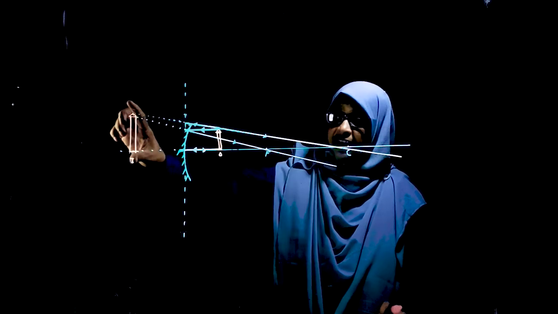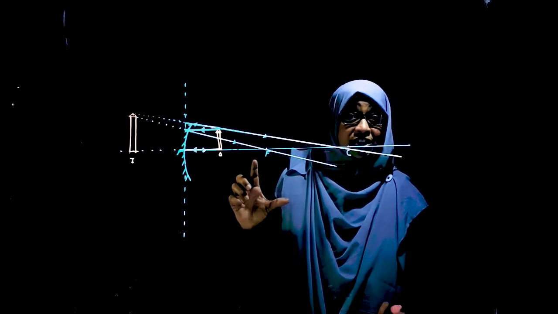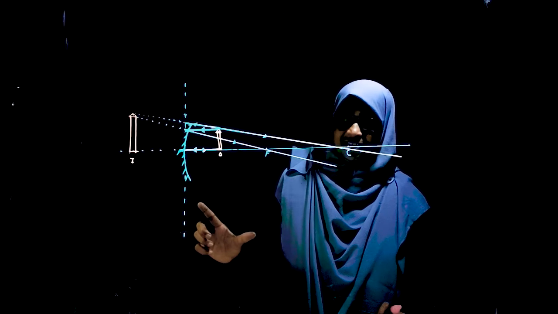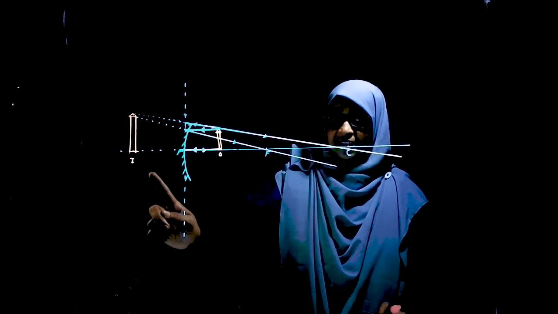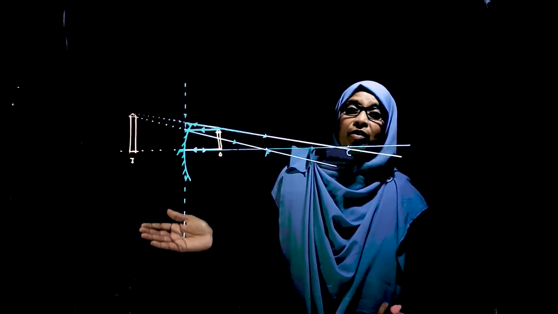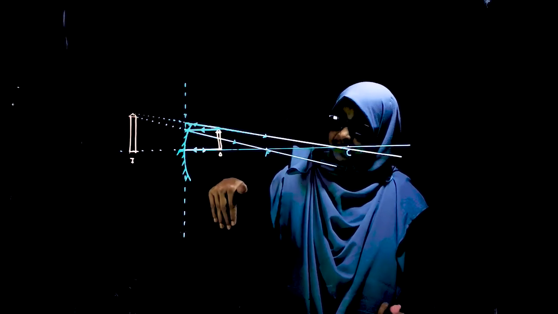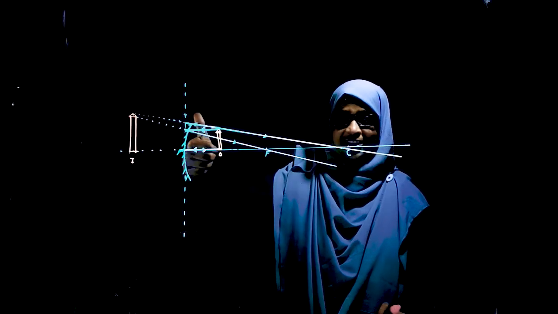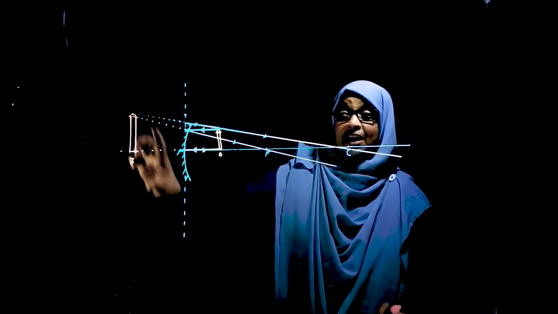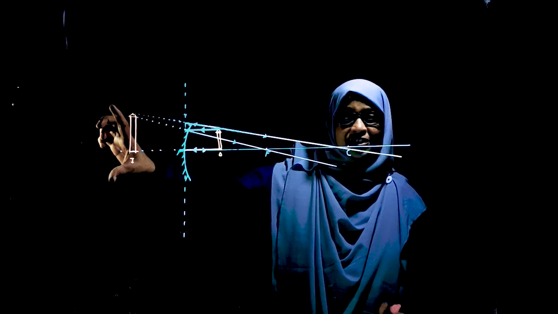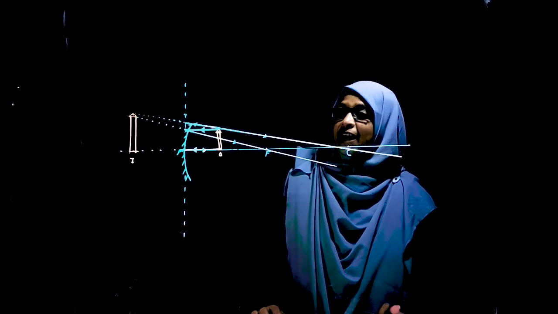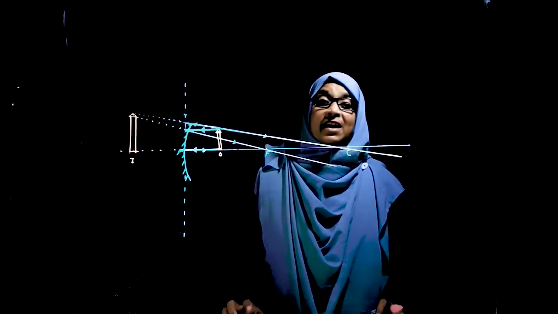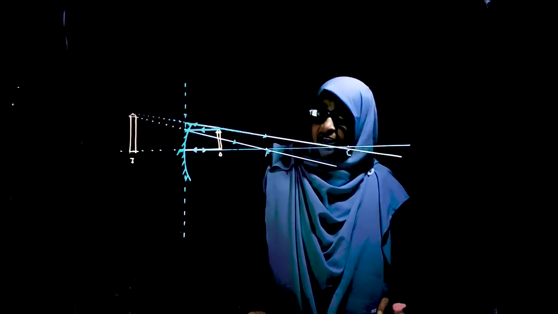So, this is a virtual image. Is it erect or inverted? That is erect. The size of the image? Larger than the object. Okay, now we can describe the image.